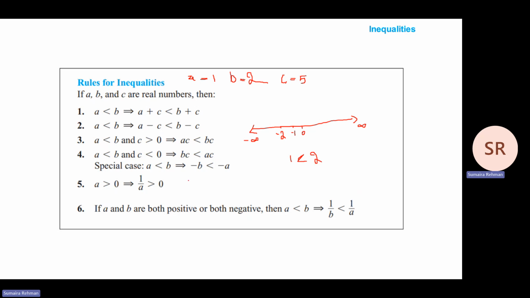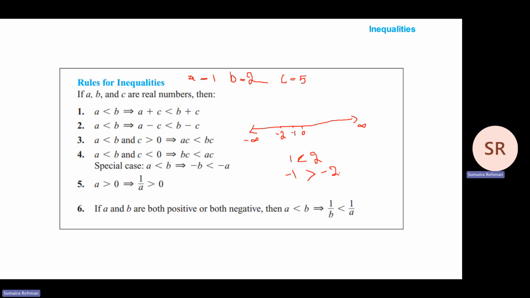This inequality holds. Now if we multiply both 1 and 2 with the negative sign, what would happen? This time -1 is a greater number than -2. So this means -2 is less than -1.